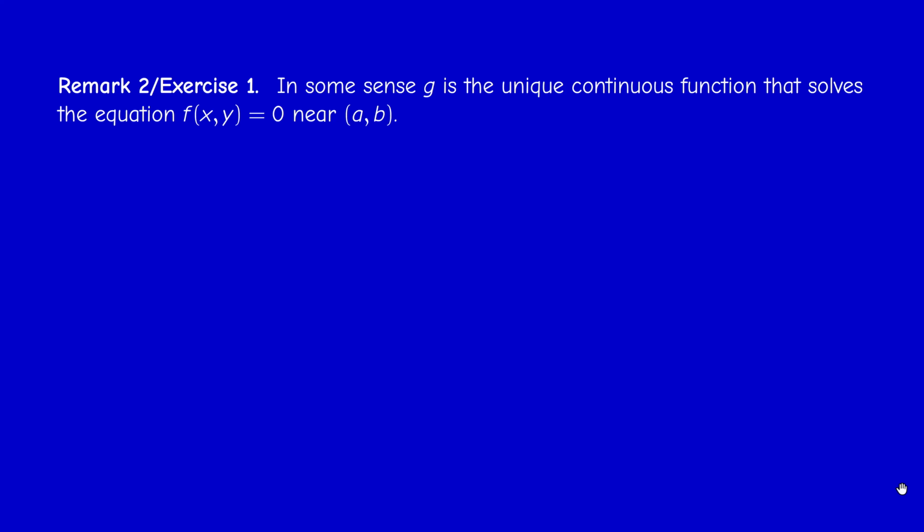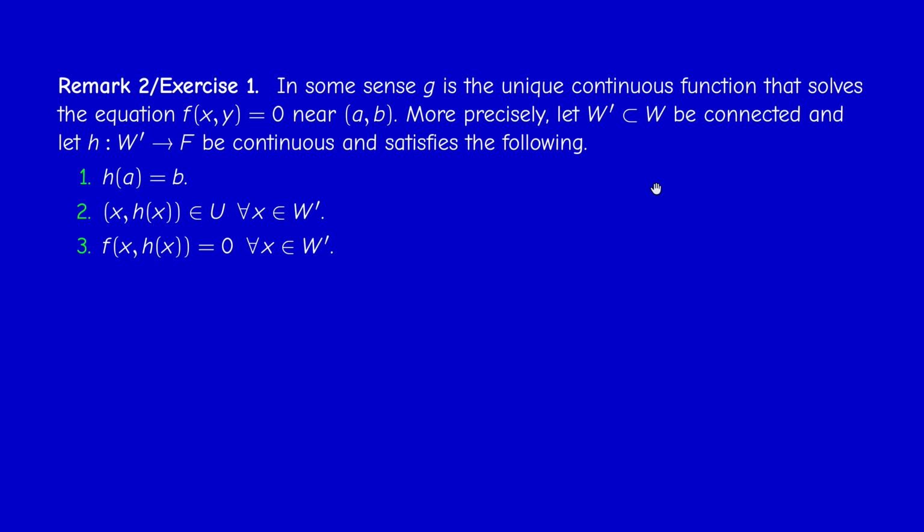Now, I want to give you 3 exercises. One about uniqueness, to make more precise what I mean by uniqueness. If I have a connected set W prime contained in W, and a continuous map h from W prime into F that solves the equation, then necessarily h is equal to g.